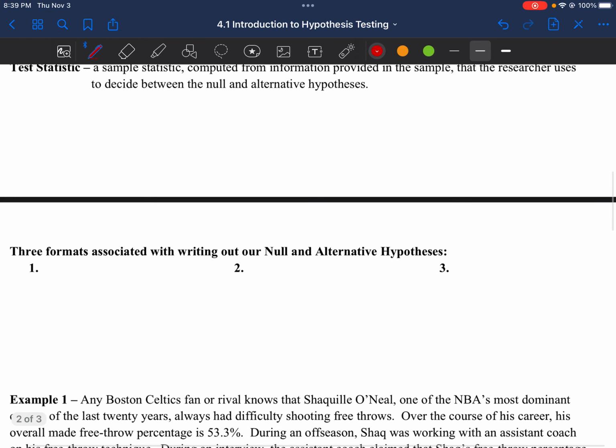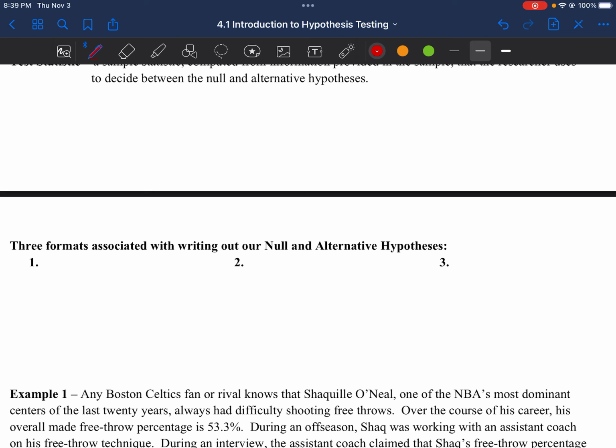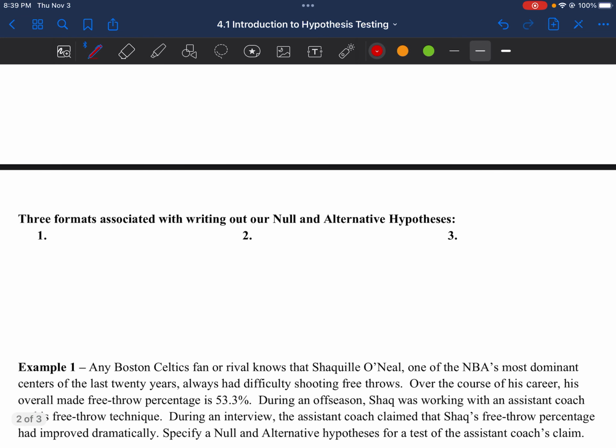There are 3 formats that can happen here. The one we just went over is what's called an upper-tailed, or still a one-tailed, test. The first two that we're going to talk about are one-tailed. Basically, we have our H naught, where mu is equal to a number, and that's going to be some historical average. Then our alternative hypothesis says mu is greater than that number.